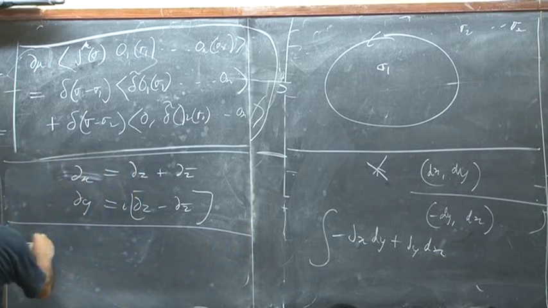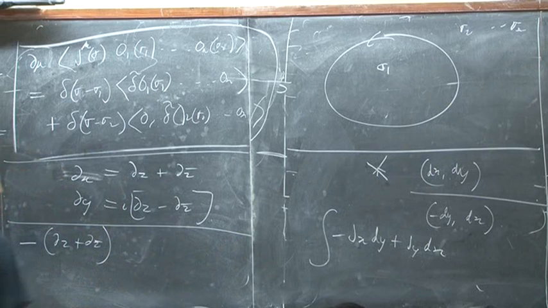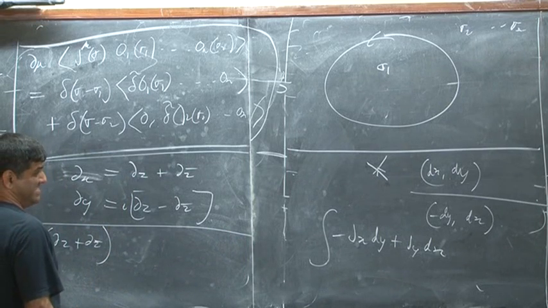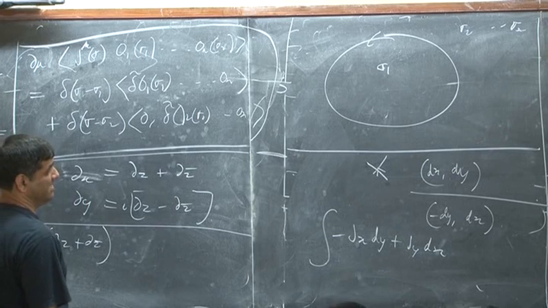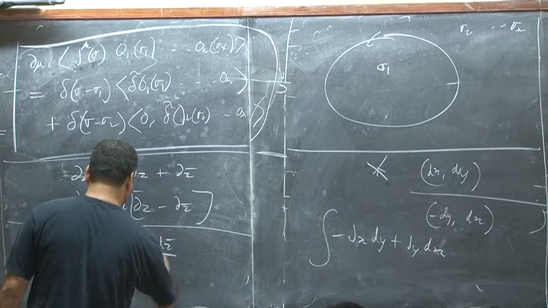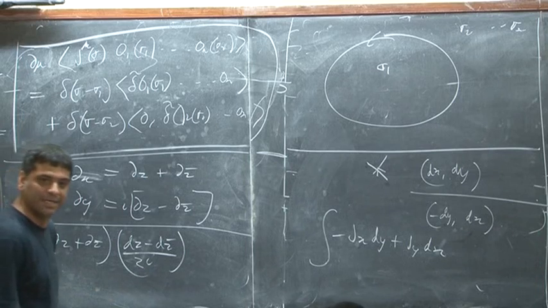Okay. So this guy is minus of Jz plus Jz bar into dy. dy is what? dz minus dz bar by 2i.